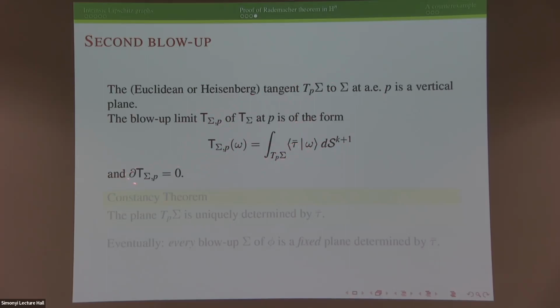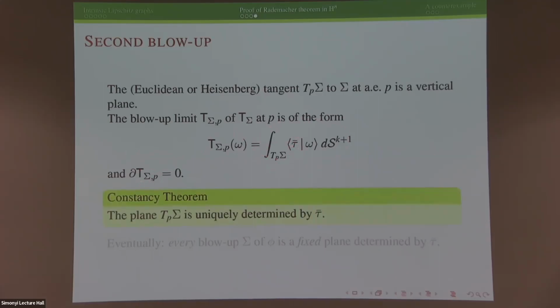And again, this is a limit of currents without boundaries, so it's boundaryless itself. Now we have a current which is obtained by integration on a plane of a constant vector.